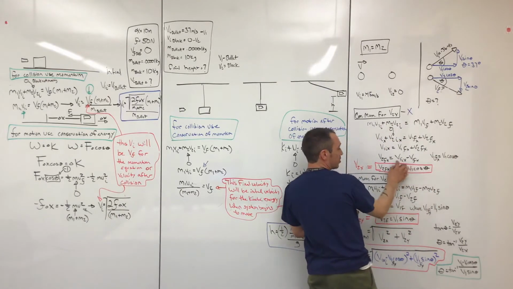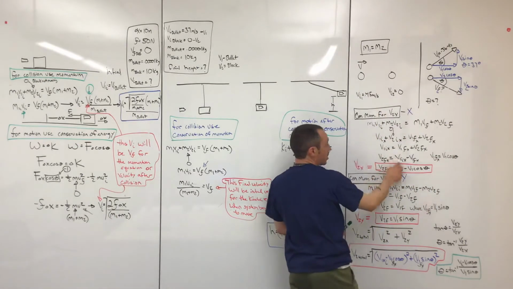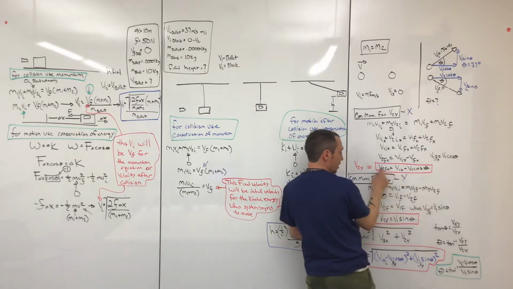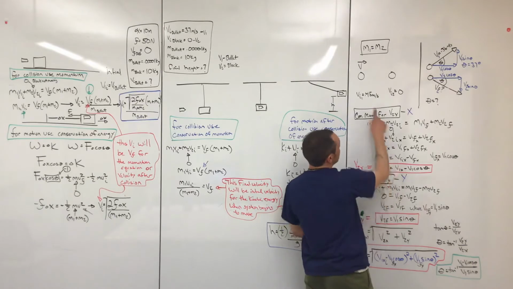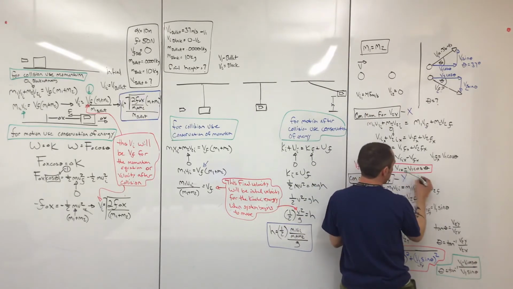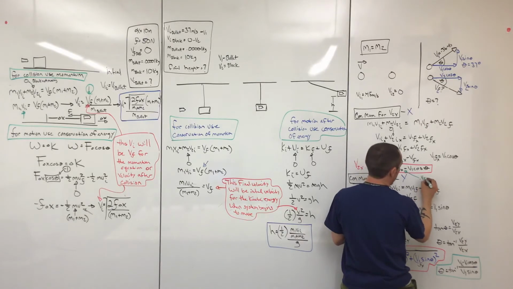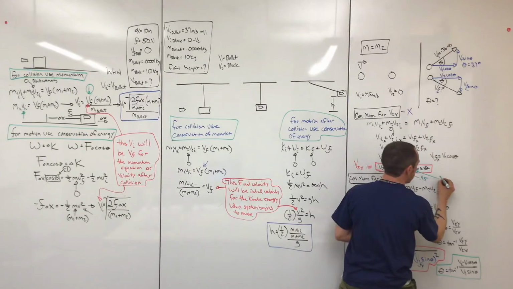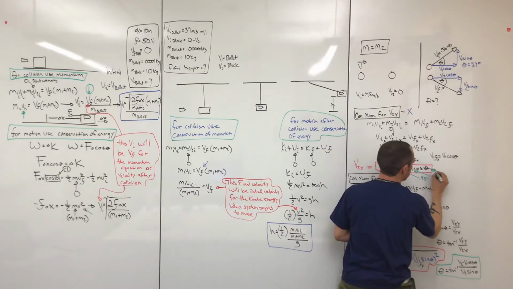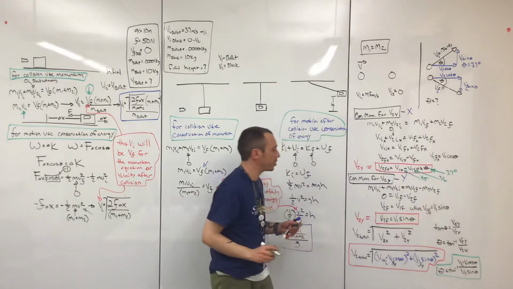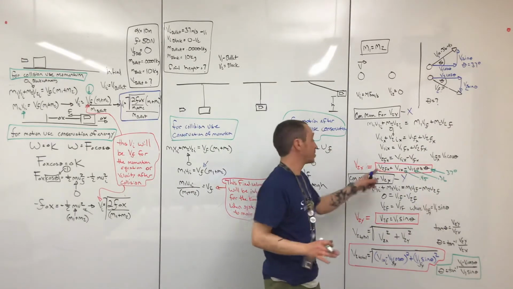And I know the initial velocity of V1, this number right here, which is 0.45. So you know all those numbers, so you can get V2 final in x, which is what we're looking for.